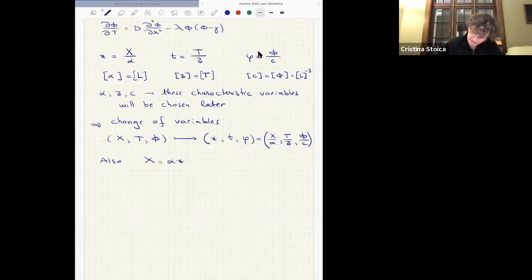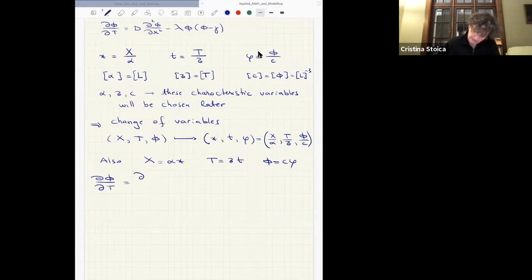We're going to use them in our computations. Okay, so now we start with the computation. So what is d phi dt in terms of the new variables?